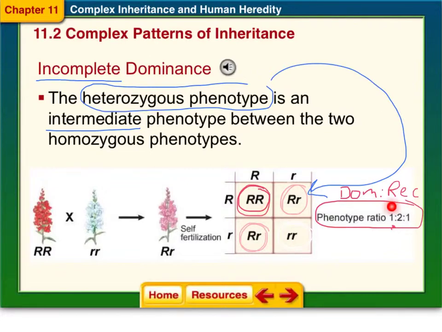We put that first in our ratio because that's still dominant. Two pink individuals, two heterozygous individuals, so they go in the center because they're the blend, they're the mix. And we still put the recessive phenotype last. We can see we only had one white this time, and so that one goes last. So it's a 1 to 2 to 1 ratio, 1 to 2 to 1.